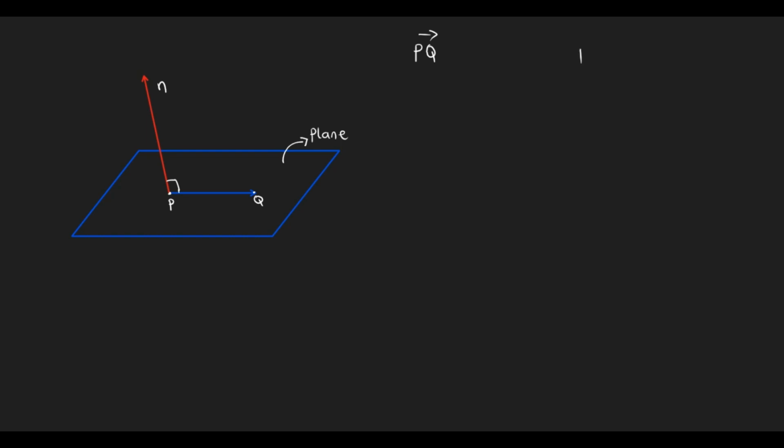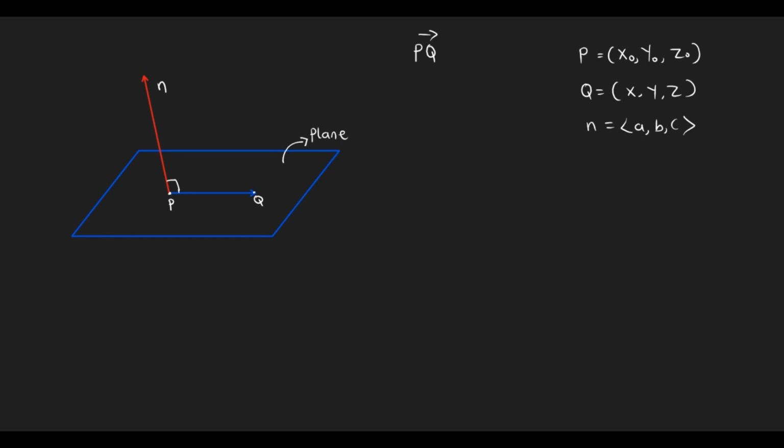Let's take the point P to be equal to x naught, y naught, z naught, and let's take point Q to be equal to x, y, z, and then the normal vector n will be equal to a, b, c. So we know all these values.